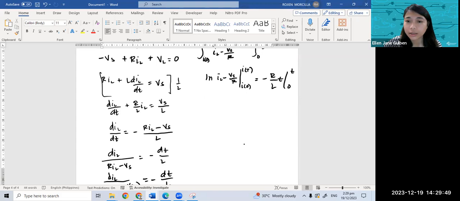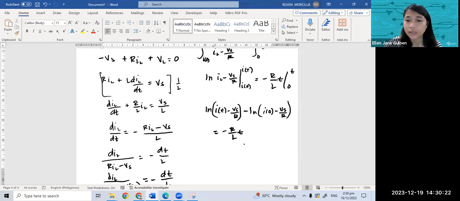Evaluating, we get ln of I of t minus Vs over R minus ln of I of 0 minus Vs over R is equal to negative R over L t.